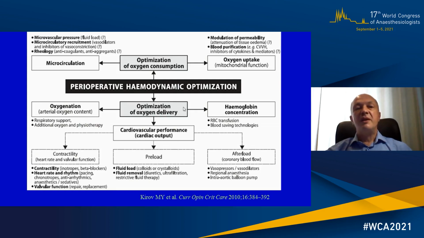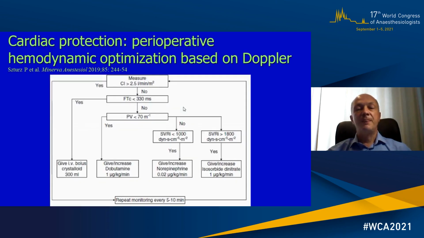These issues are summarized in our review on perioperative hemodynamic optimization. When followed by monitoring, we can detect the disorders of oxygen delivery and improve oxygenation, correct anemia, and modulate cardiovascular performance by acting on contractility, preload, and afterload. However, the optimization of oxygen consumption is a more challenging task that is not easy to perform in many cases.